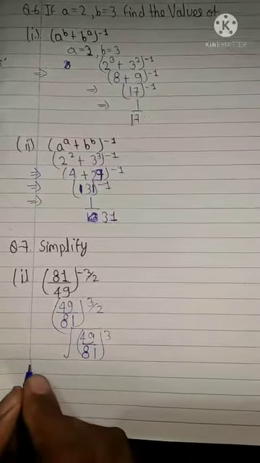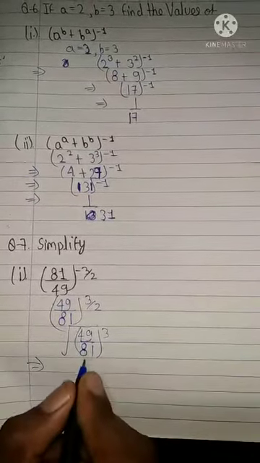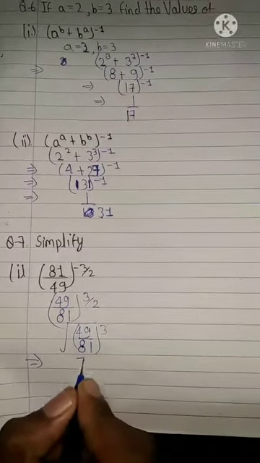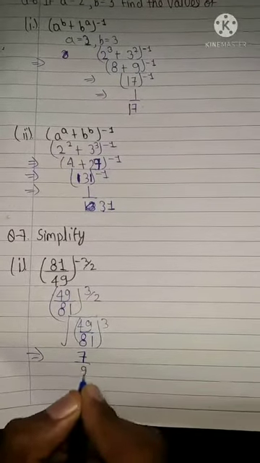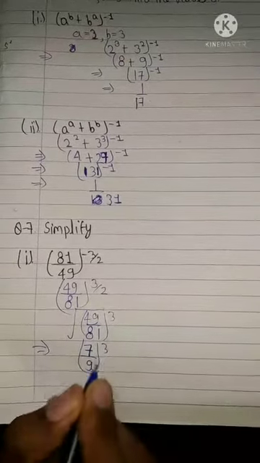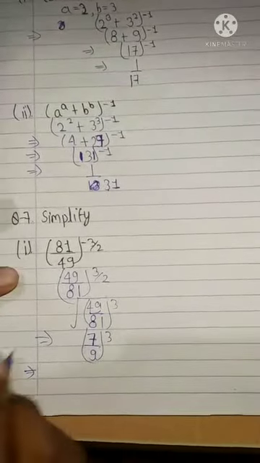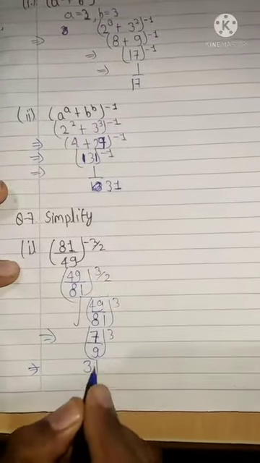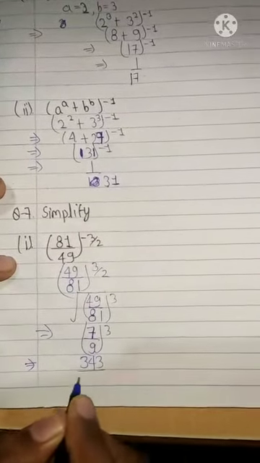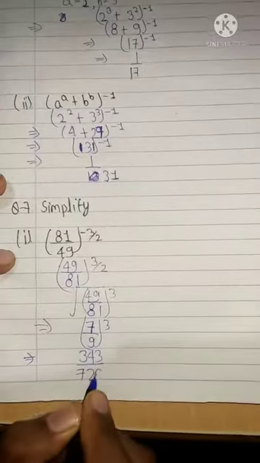When you find the root of 49 and 81, it comes 7 upon 9 whole cube. The value of (7/9)^3 is 343 upon 729.